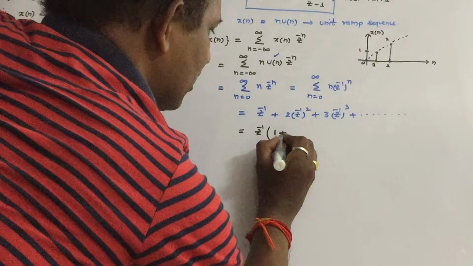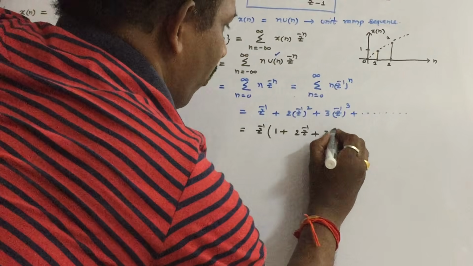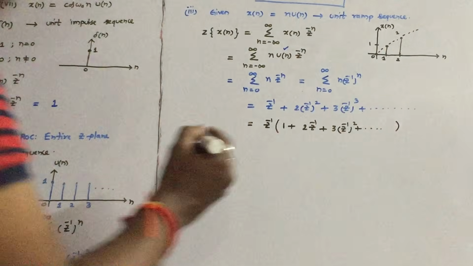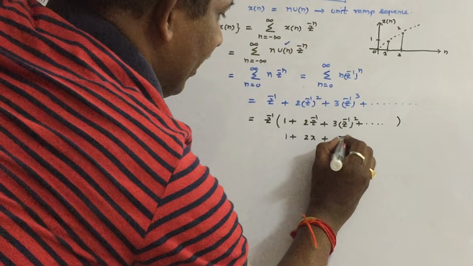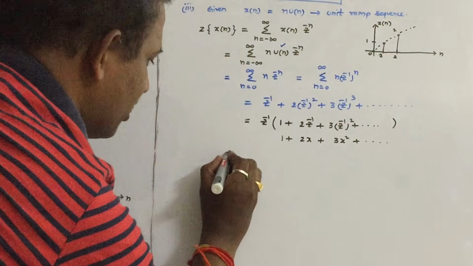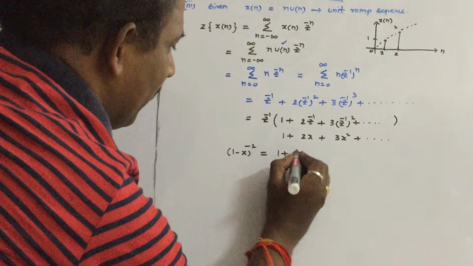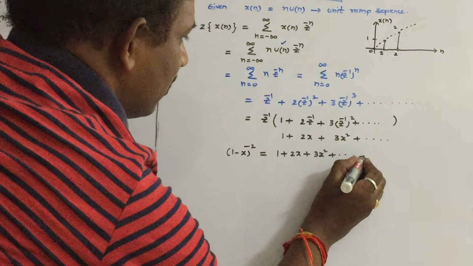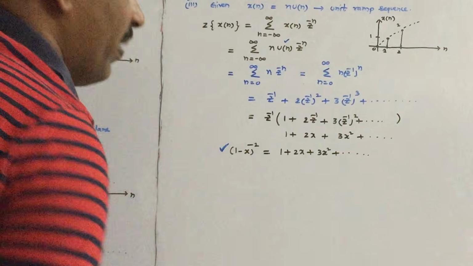It will come out as 1 plus 2 z power minus 1 plus 3 z power minus 1 whole square plus so on. So it is of the format 1 plus 2x plus 3x square plus so on. This is the binomial expansion of 1 minus x whole power minus 2.